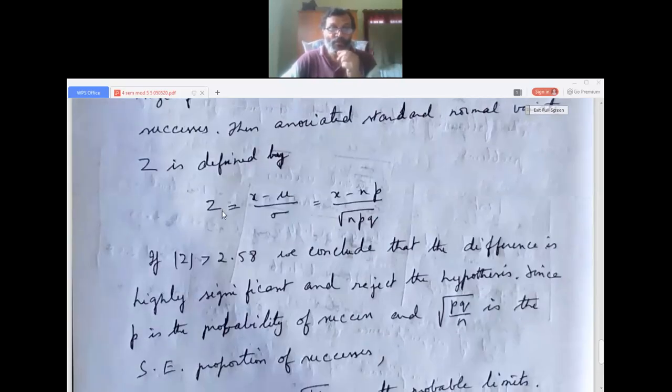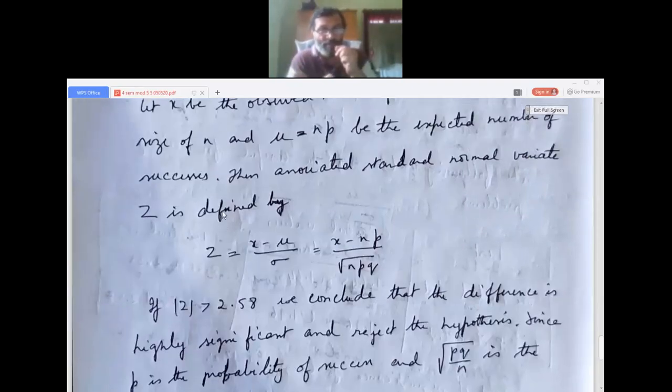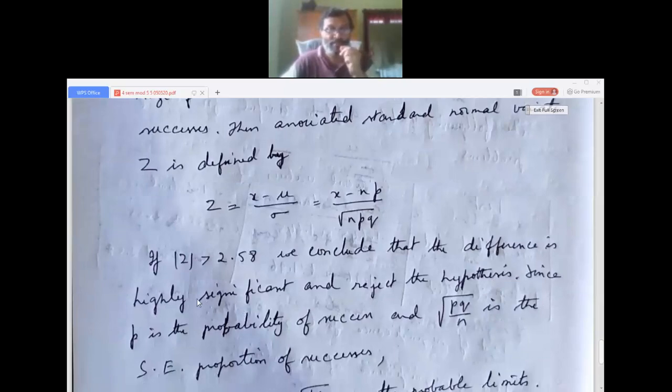Now, if mod Z is greater than 2.58, that means Z is outside the range of minus 2.58 and plus 2.58, we conclude that the difference is highly significant and therefore we reject the hypothesis.